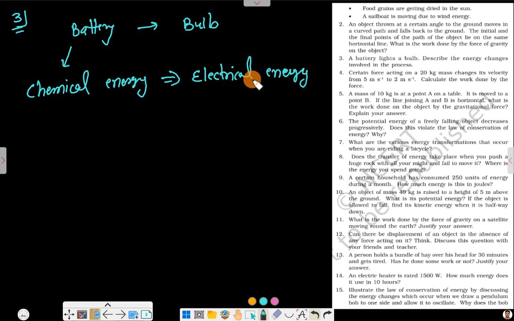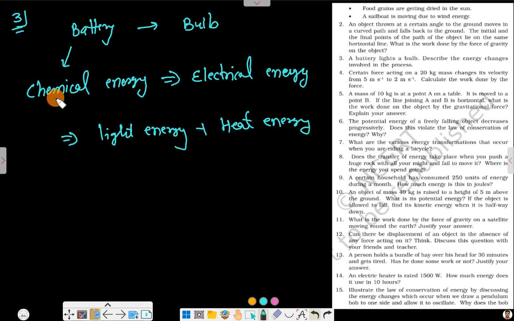Then that energy flows through wires, comes to the bulb, and gets converted into light energy plus heat energy, because the bulb also gets heated when it's working. So this is the transformation: chemical to electrical, and electrical to light plus heat.